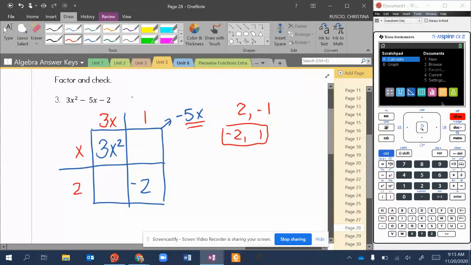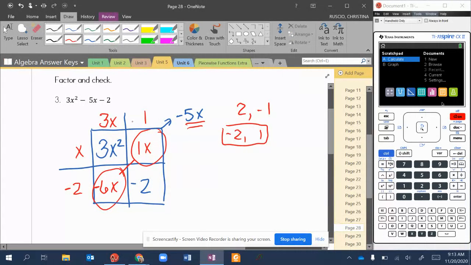So let's do this. X times 1 is 1x, 3 times 2 is 6x, and we know that the signs of these two numbers have to be different. So how can we get 6x and 1x to combine to negative 5x? If you're saying that the 6x has to be negative, you are right, because negative 6x plus 1x is negative 5x.